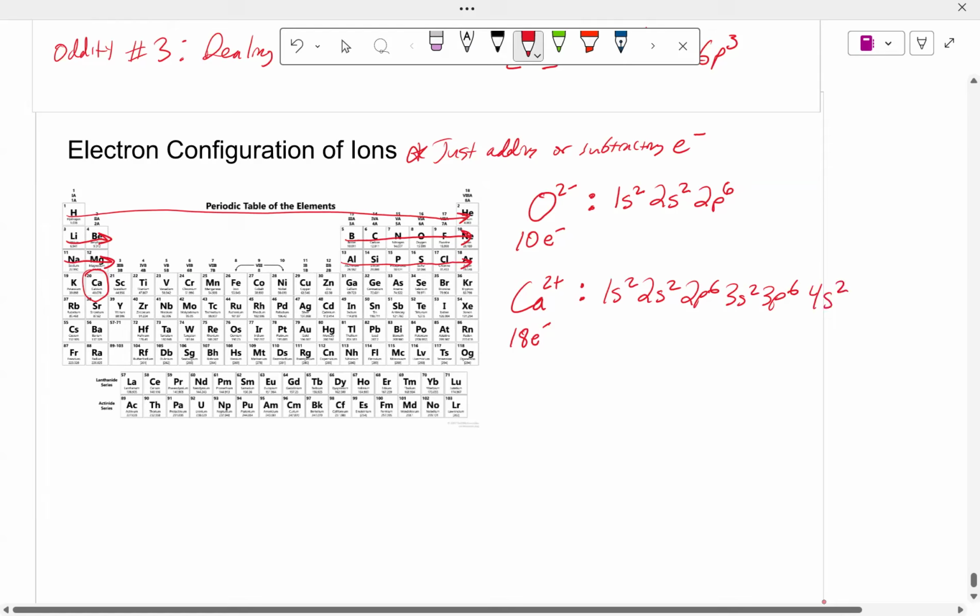But it's a cation. It lost 2 electrons. Where am I going to take those electrons from? I'm always going to take them from the highest energy level. They're gone. We don't show anything about 4s in the electron configuration. So the calcium +2 ion has that configuration.